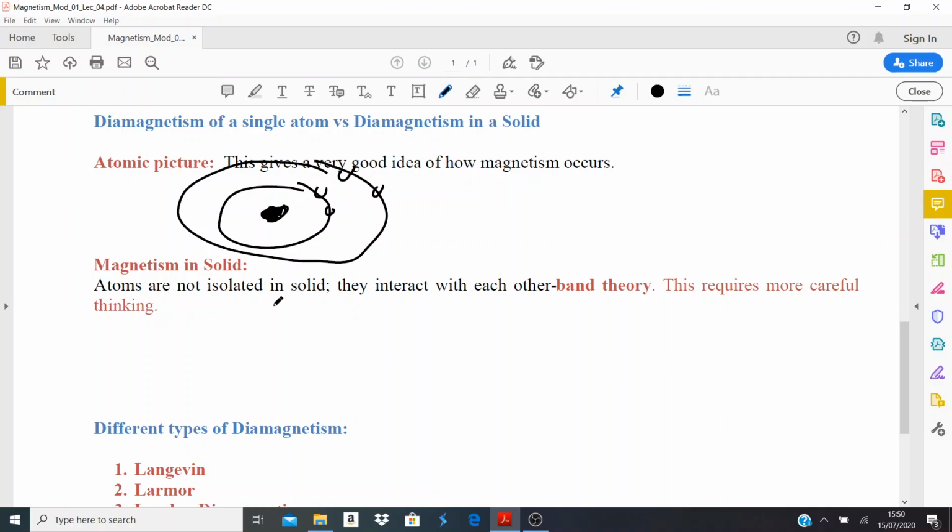They interact with each other, and when atoms interact with each other, energy levels form a band, right? Energy levels form a band, and we have to discuss the band theory of the solid.